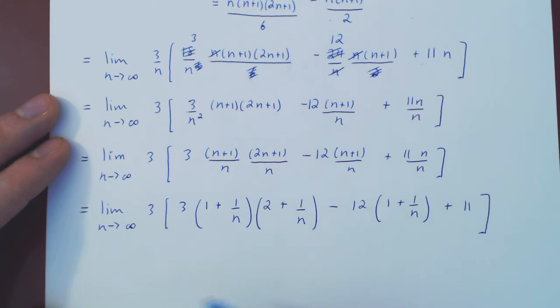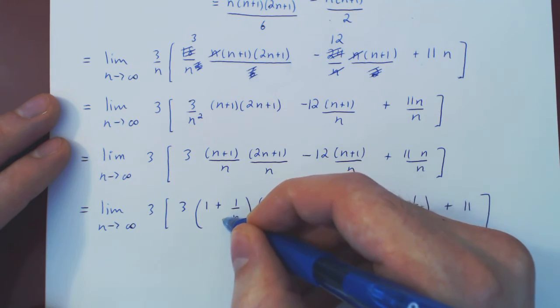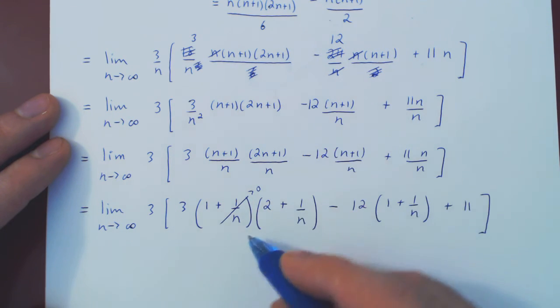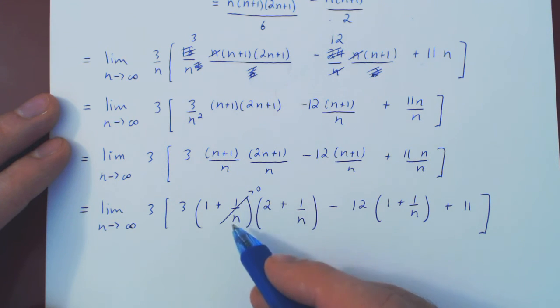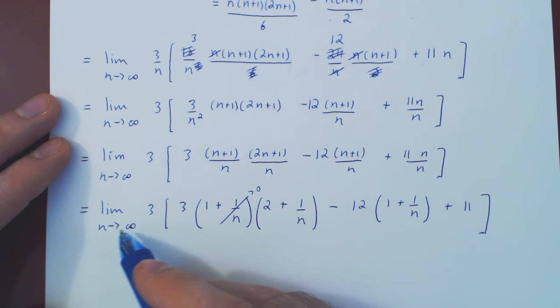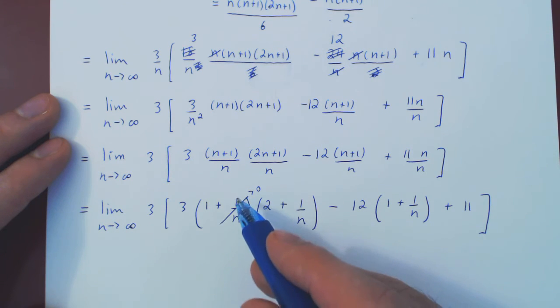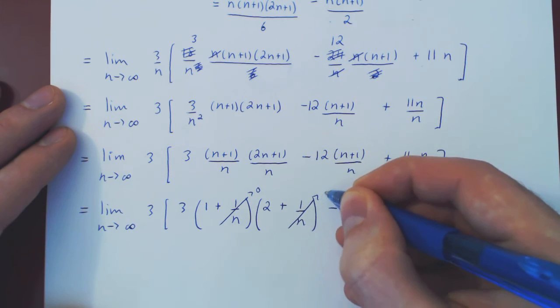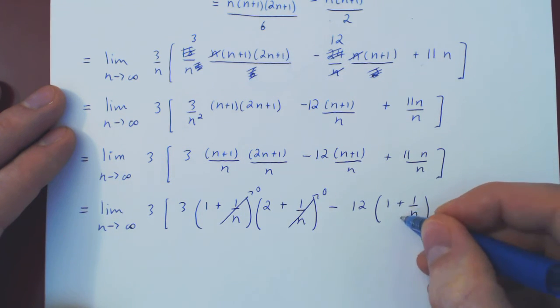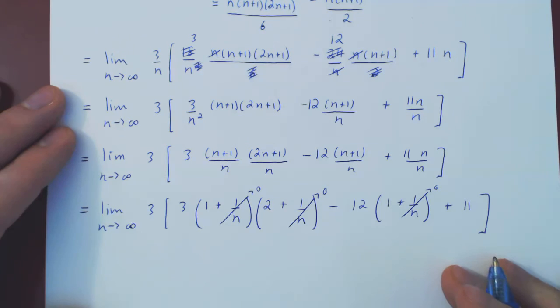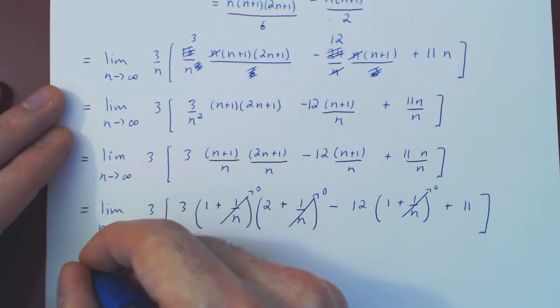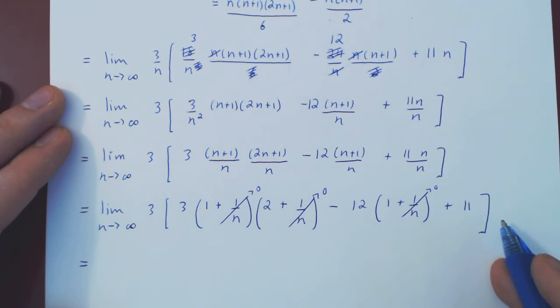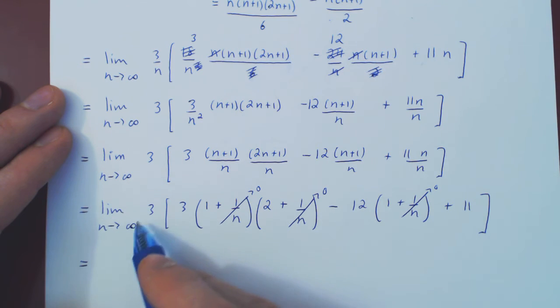As n goes to infinity, 1 over n shrinks to 0. As n gets bigger and bigger and bigger, 1 over it will get smaller and smaller and smaller. As n goes to positive infinity, 1 over n will just shrink to 0. And all we have are 1s over n here. And now look at what happens. We've let n go to infinity, so we don't have to write the limit again.